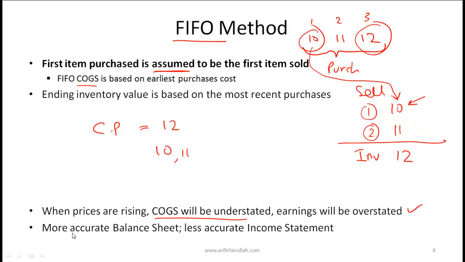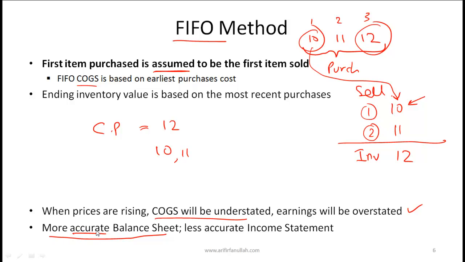Now, because of what we've just talked about, the FIFO method produces a more accurate balance sheet and a less accurate income statement. What do we mean by this?